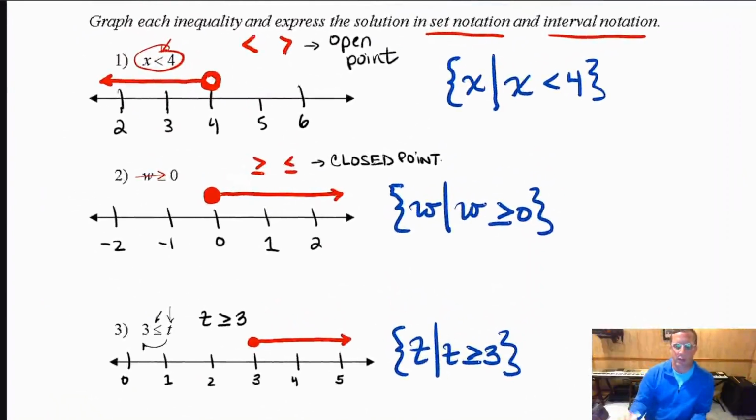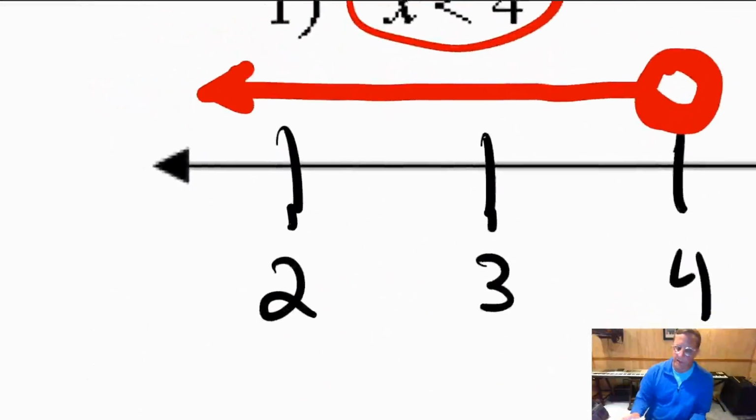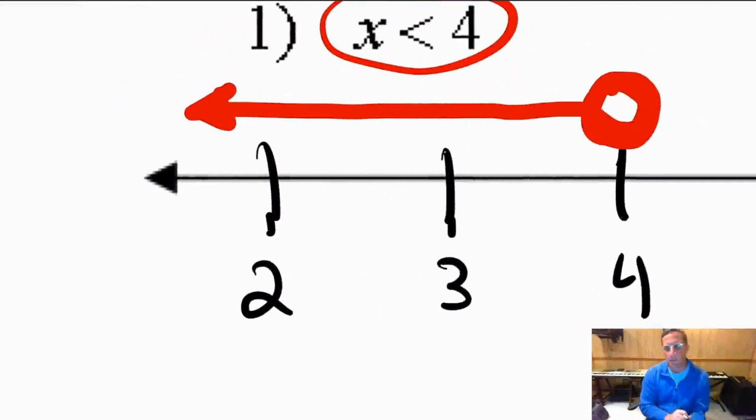Okay, now when it comes to interval notation, we want to look at the inequality. I'm going to zoom in on it. We want to look at the inequality from left to right, because that's exactly how you want to write your interval notation.